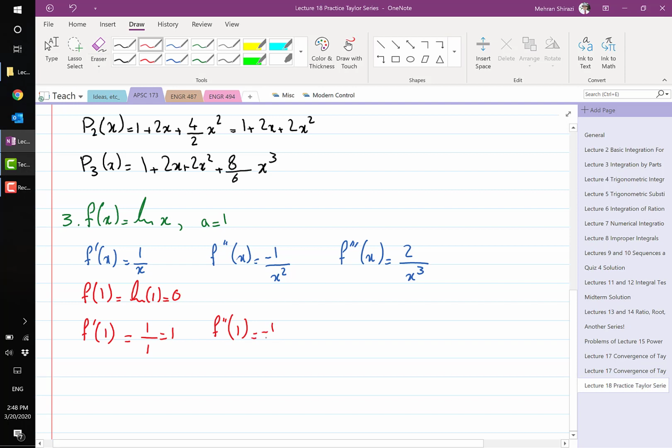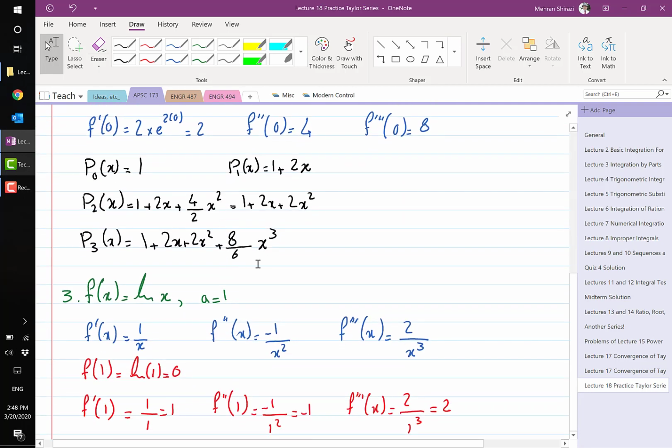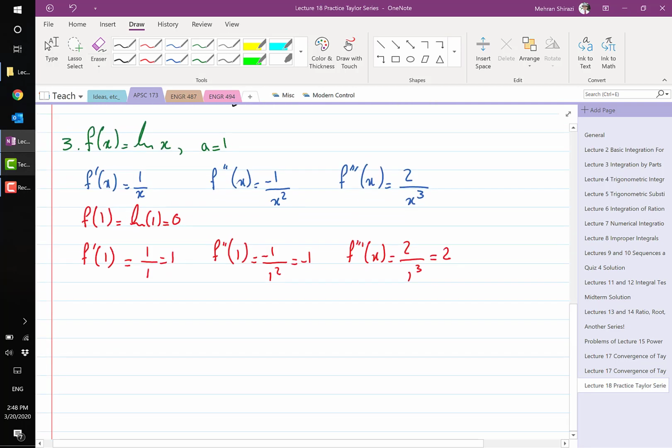It's minus 1 over 1 to the power of 2, which is negative 1. And finally, this third derivative is 2 over 1 to the power of 3, which is 2. So we have all these terms: f of a, f prime of a, the second derivative of f at a, and the third derivative of f at a. We can easily write the Taylor polynomials.